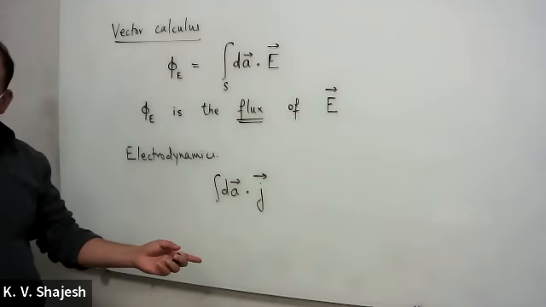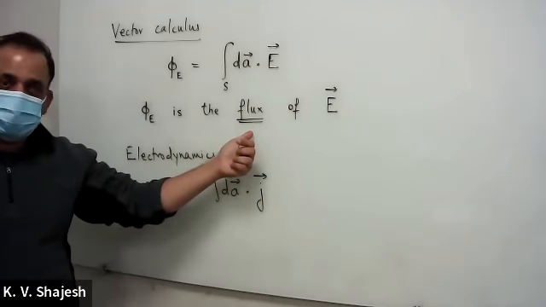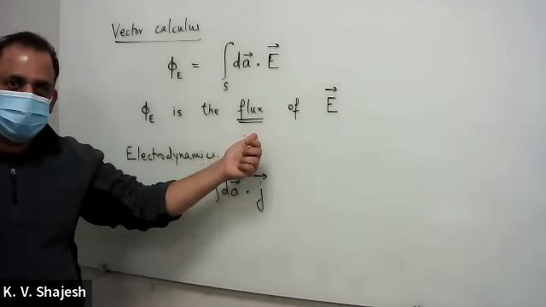So this would be the flux of J, in the vector calculus sense, right?